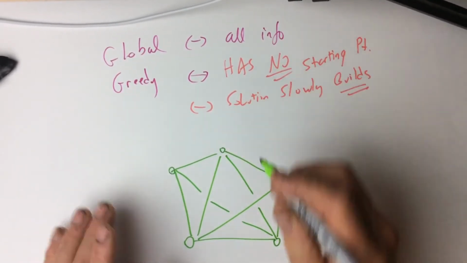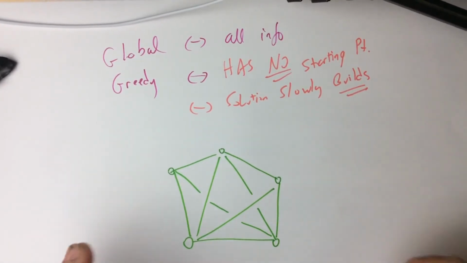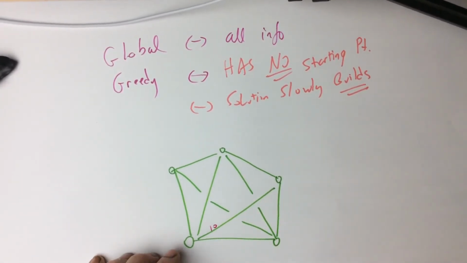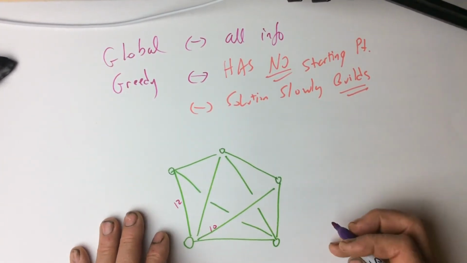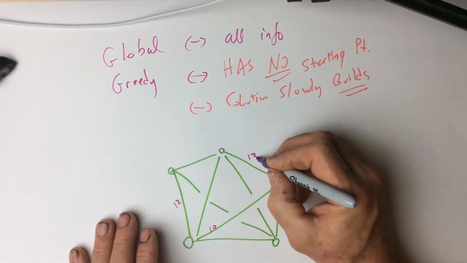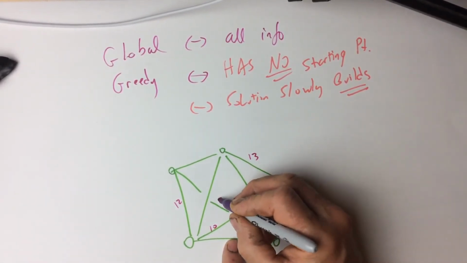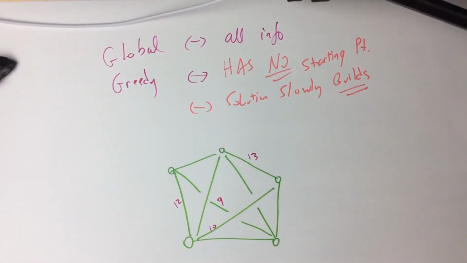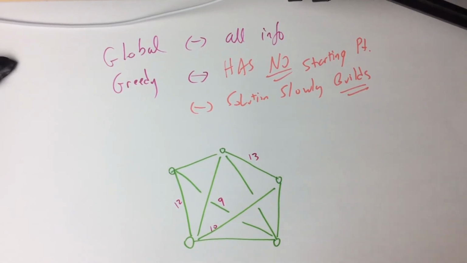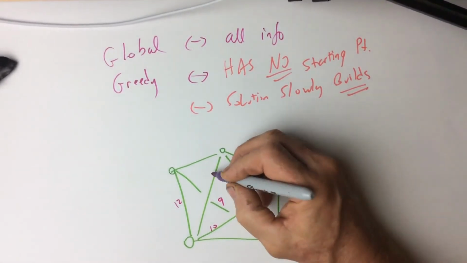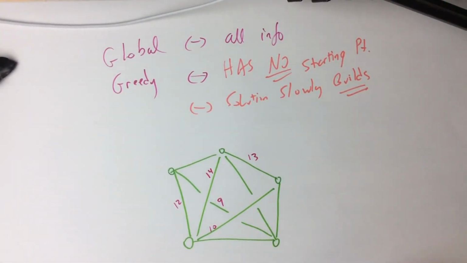There's the edges. So now I'm going to put in some of the roads here. So here's a 10. Here's a 12. Here's a 13. Let's put in a 9. And then we'll put in a 14.